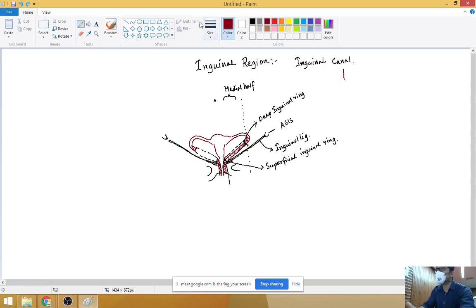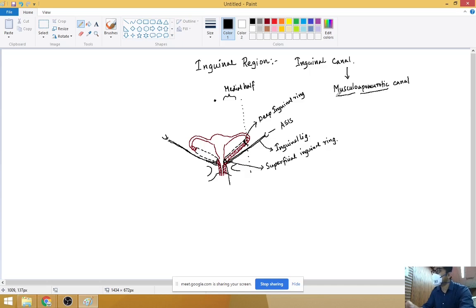If you are going to define the inguinal canal, this is a musculo-aponeurotic canal. So it consists of muscles and aponeurosis. These aponeuroses are derived from the abdominal muscles.